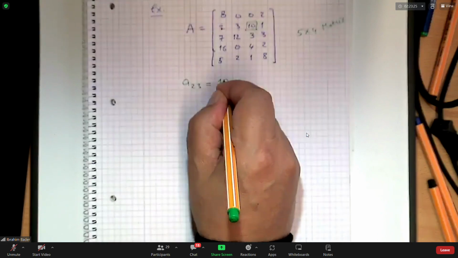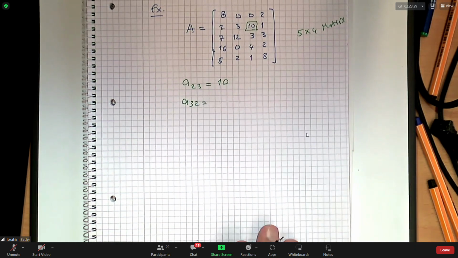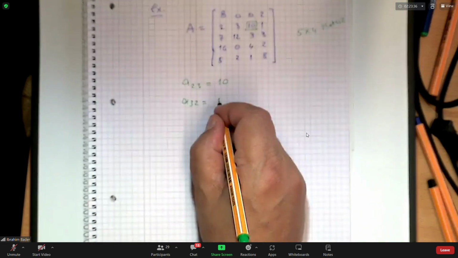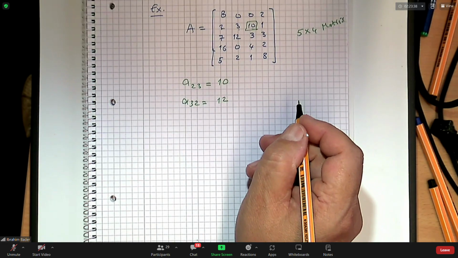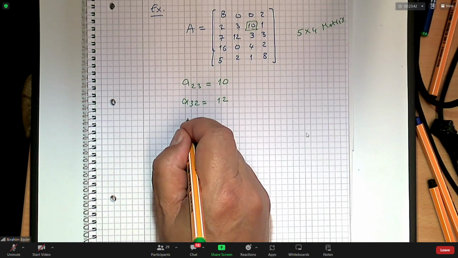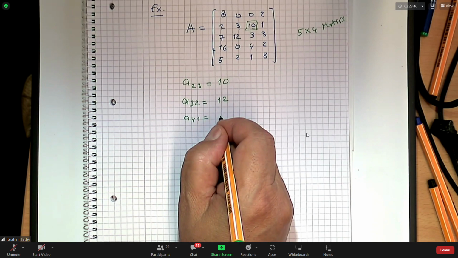While A32, this is what I was saying, it's not commutative in general. Third row, second item is 12. A41 is 16.